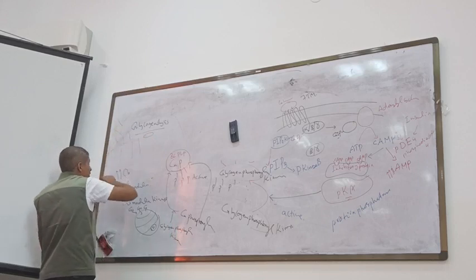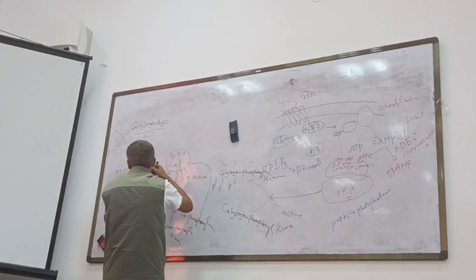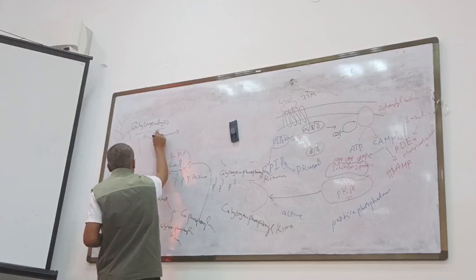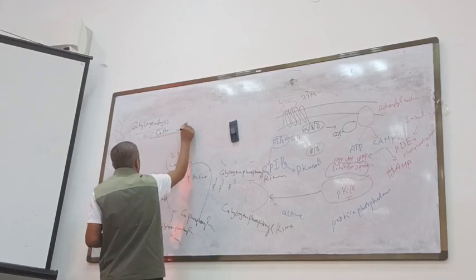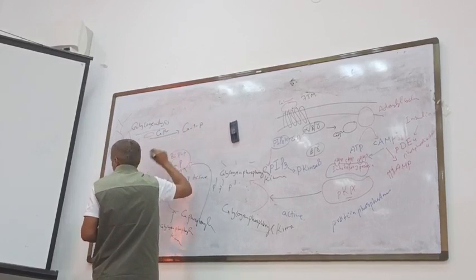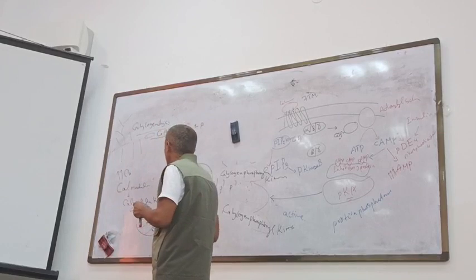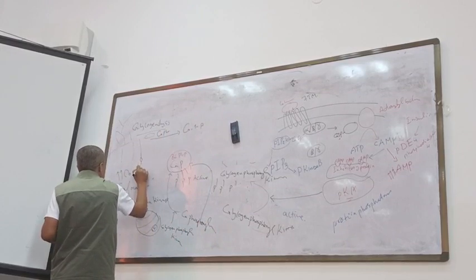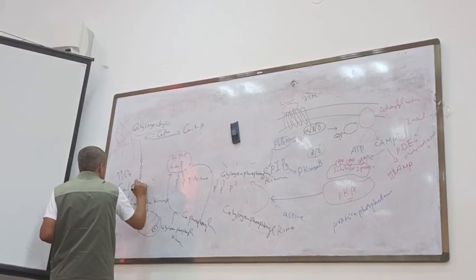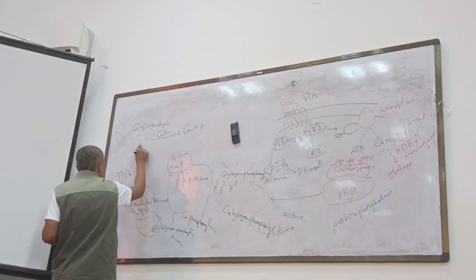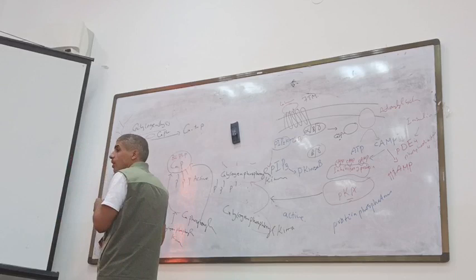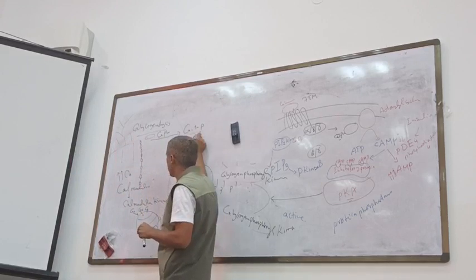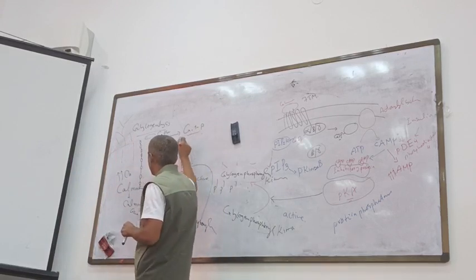The first step is phosphorylation by glycogen phosphorylase, which will hydrolyze glucose to glucose 1-phosphate.